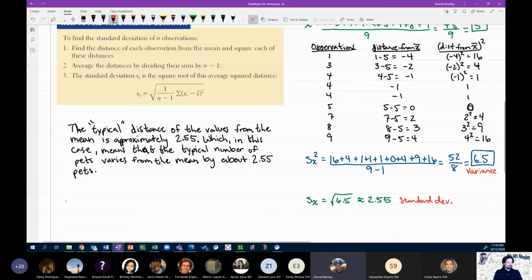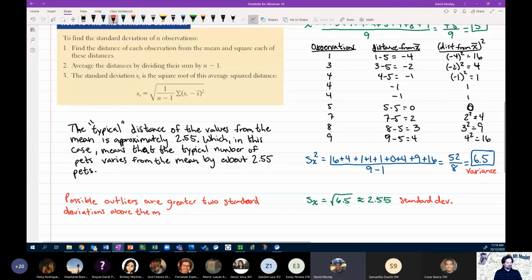But possible outliers are greater than two standard deviations above the mean, or less than two standard deviations below the mean.